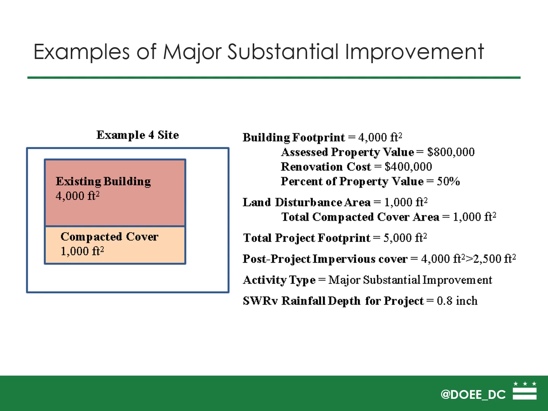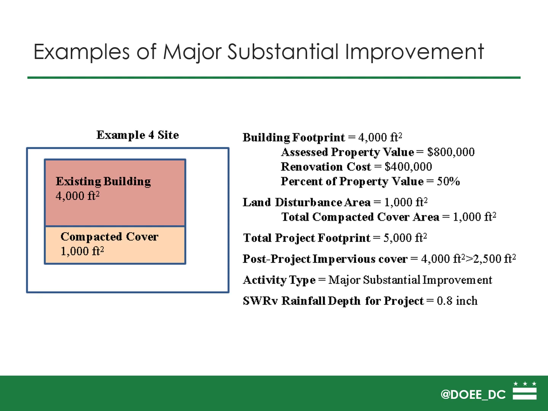And then we look at the footprint. So the 1,000 square feet of disturbed area, this cover that is going to be proposed as compacted cover, is 1,000 square feet. Adding that on to the 4,000 square feet of the building footprint gives a total project footprint of 5,000 square feet. And here we're looking at the post-project impervious cover, which is going to be the footprint of the building in this case, since the other 1,000 is compacted cover.